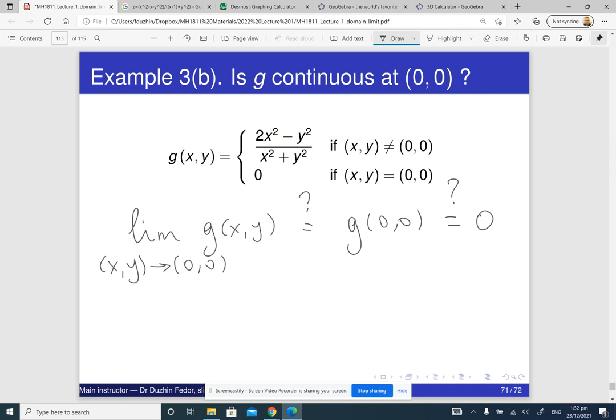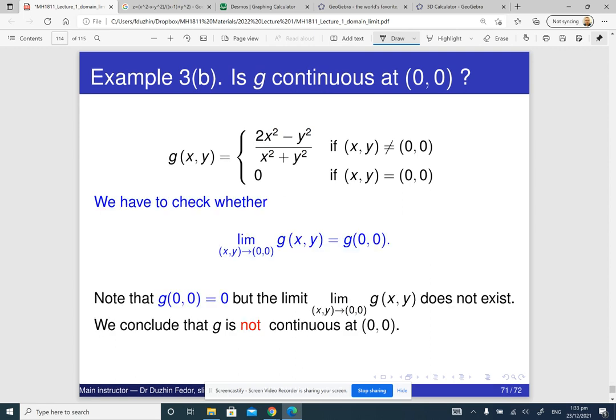And the answer is that this is not correct, because the limit is simply undefined. For a function to be continuous at a given point, it must have a certain finite value, and the limit of the function must be equal to that finite value. So if the limit does not exist, it just means that the function is not continuous, right? So this function is discontinuous at the given point.